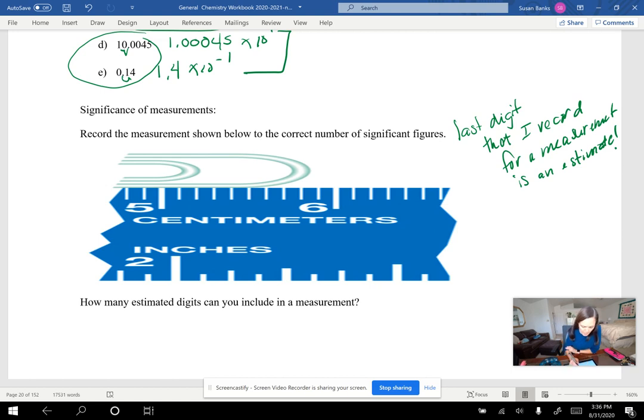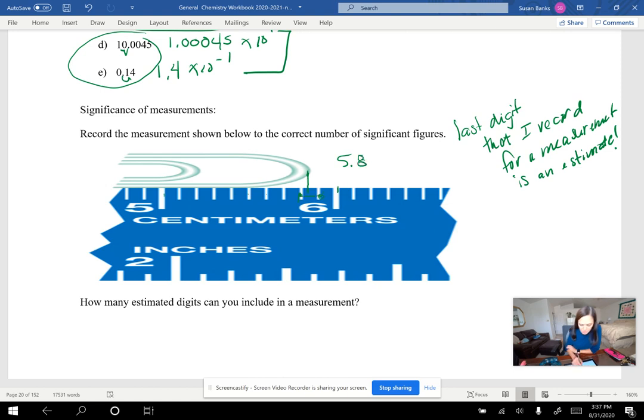So if I look at this paperclip, I see that this paperclip ends right about there. So I know for sure I've got 5 centimeters, but I don't have 6. And these are each tenths or millimeters. So I know for sure I have 1, 2, 3, 4, 5, 6, 7, 8. I know for sure I've got 8, but I don't quite have 9.